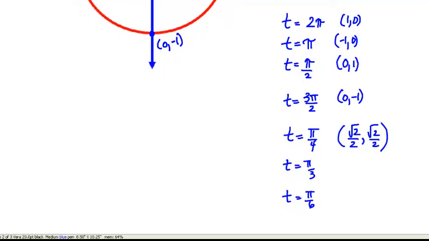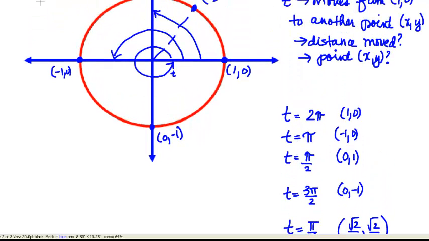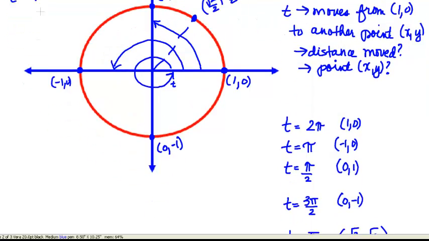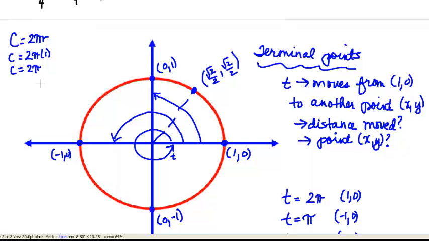Okay, then pi over 3 and pi over 6, we're going to wait and talk about those when we get to right triangles. But you need to know what that refers to. So if I think about this upper half circle being pi units, if I divide it into thirds, I'm going to get the angle pi over 3. And so pi over 3 is more like right here.